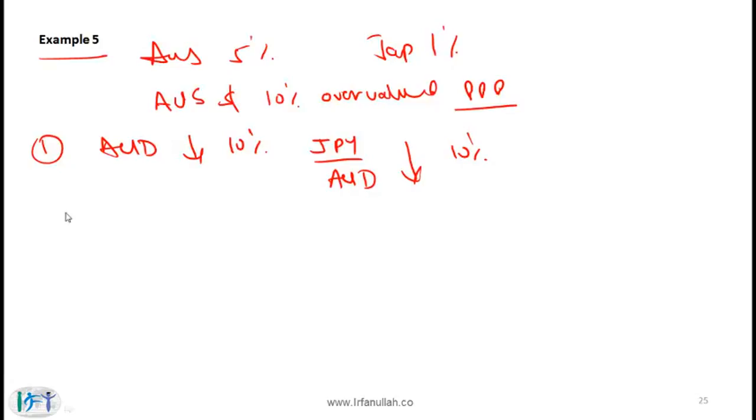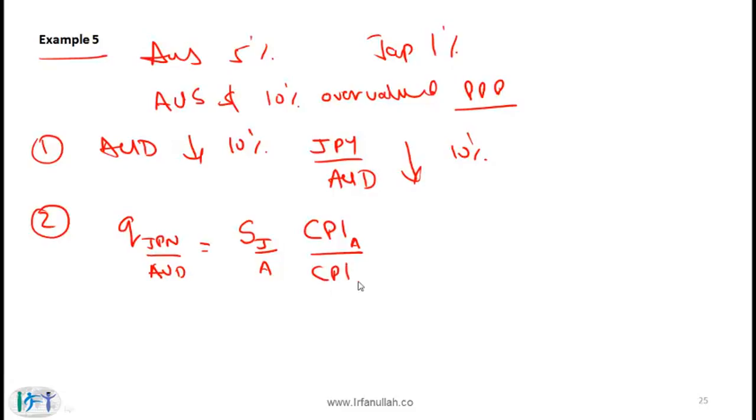So fairly intuitive. Question number 2. If both Australian dollar and Japanese CPI price levels increase by 5%, then what happens to the real exchange rate? So now recall the formula for the real exchange rate. The real exchange rate, Japanese yen divided by Australian dollar, is given by the spot rate, Japanese yen over Australian dollar, times the CPI of the Australian dollar divided by the CPI of the Japanese yen.